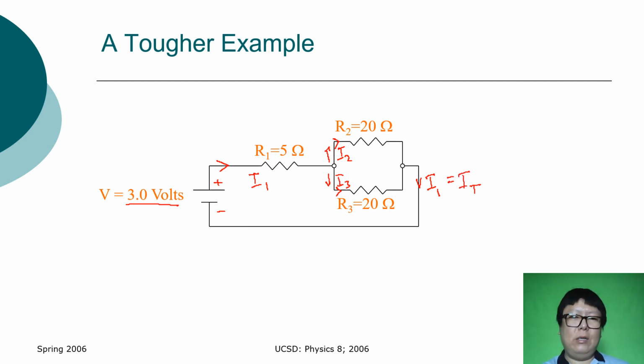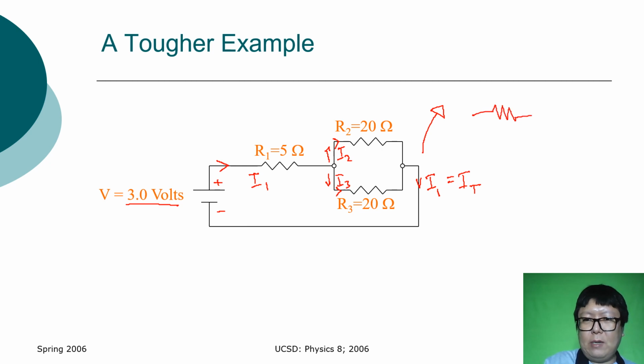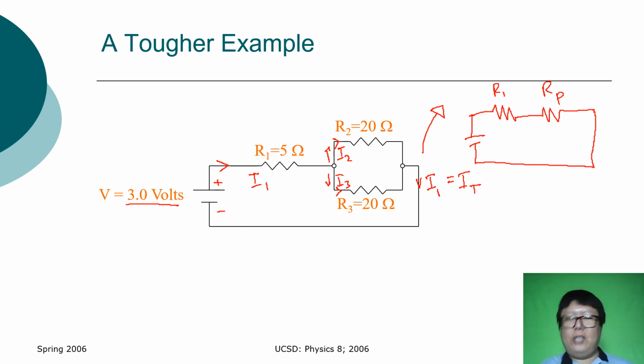So the first thing that you have to do is change this circuit to become more simple. This is R1, and this is the R parallel from the combination of resistors 2 and 3. How to count the R parallel?